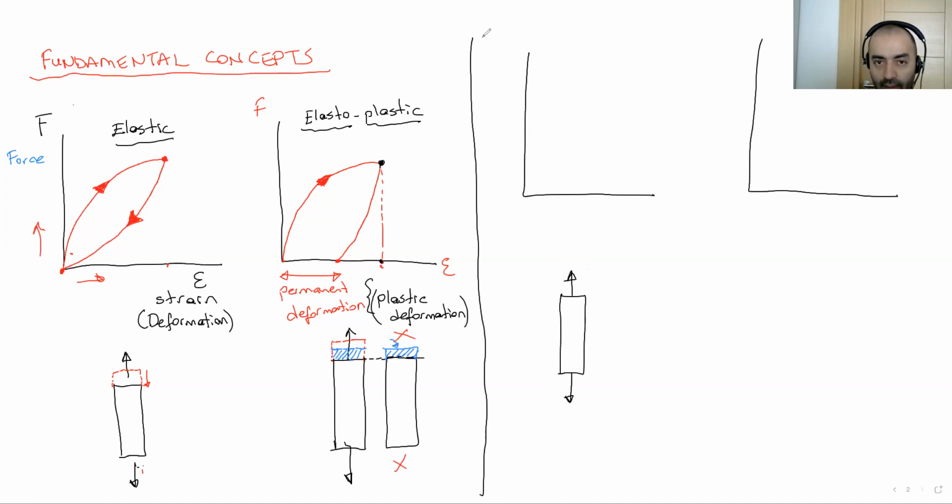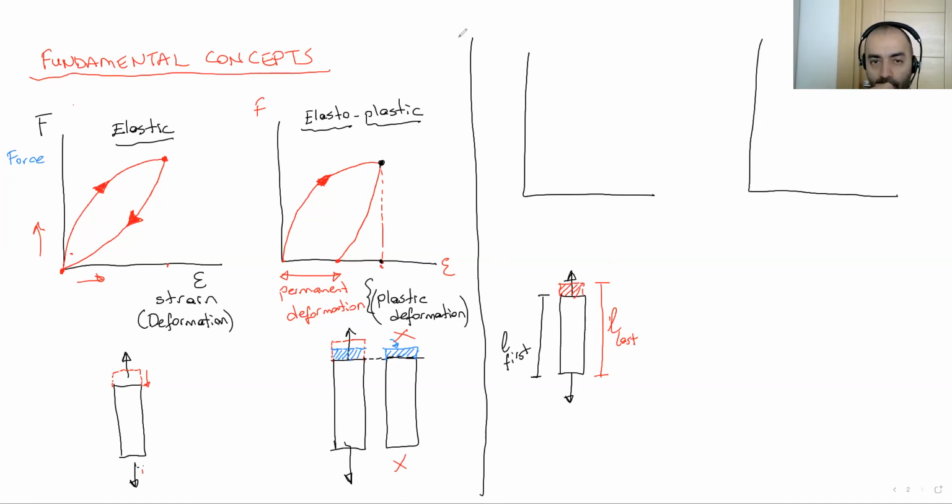So at the maximum point, let's say I get this length. I have this member. This is L last. Here, L first, let's say.